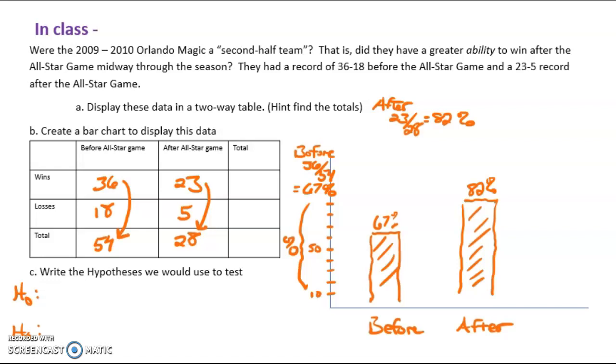So we're going to say that the Magic had the same ability before and after the break. And I'll put All-Star break. Okay. So again, that's the null, the Ho. Okay, statement of no difference. They have the same ability either way.